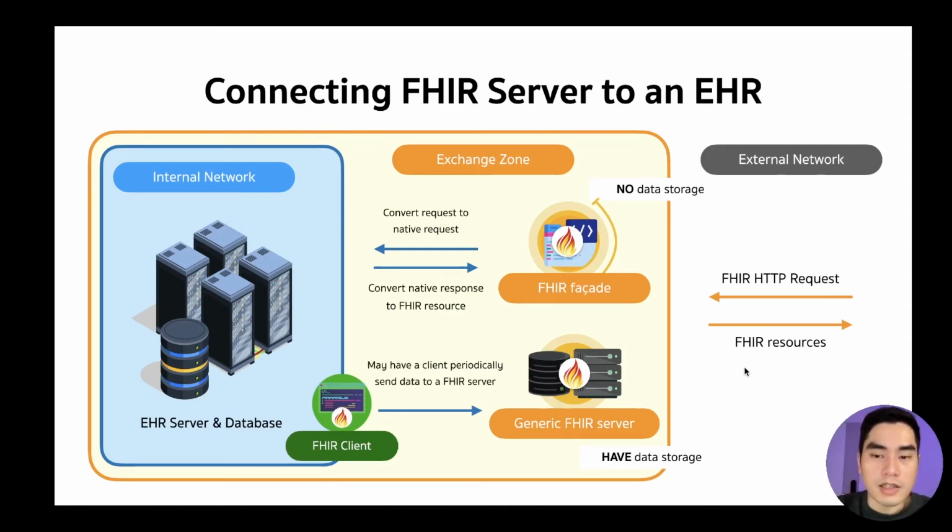But on the other hand, if you want to use a generic FHIR server, you have to have a FHIR client installed maybe in your internal network to get the data from the EHR server or database, and then convert it to a FHIR resource and send it to store in the generic FHIR server. And then when the external party wants to retrieve the data, they retrieve it from here.